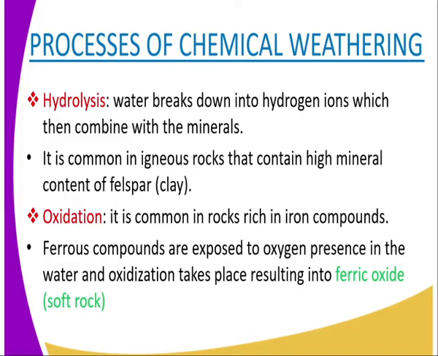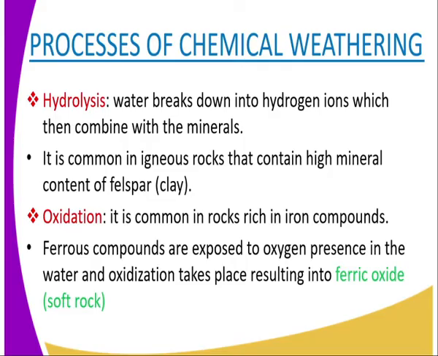And this is common in igneous rocks that contain high mineral content of feldspar, which is the clay. So when clay rocks come in contact with the hydrogen ions, they will react. And this is the process we refer to as hydrolysis. Finally, it causes the rocks to break down.